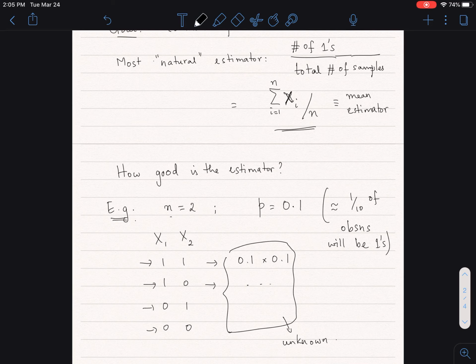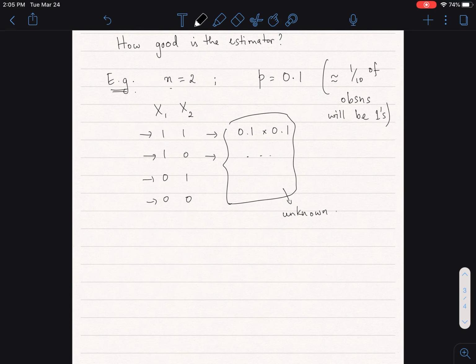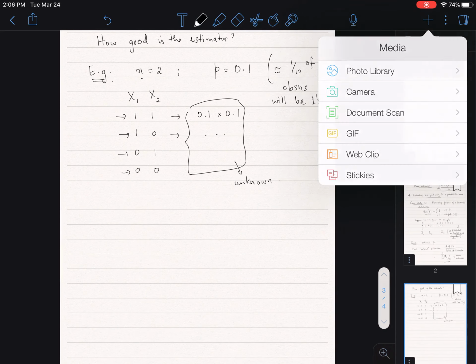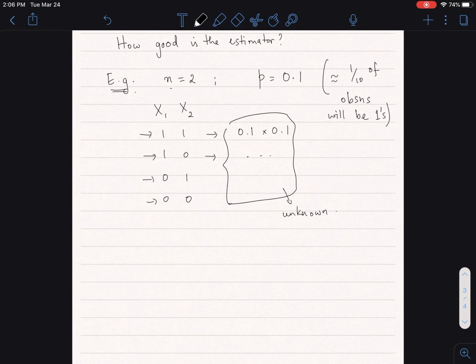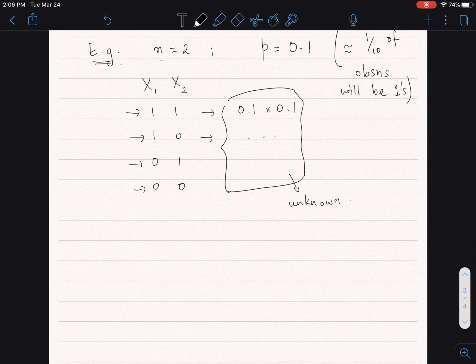Now what is the value of this estimator? Let me call this estimator y. So y is x1 plus x2 by 2. This is the same as the t that we used before.